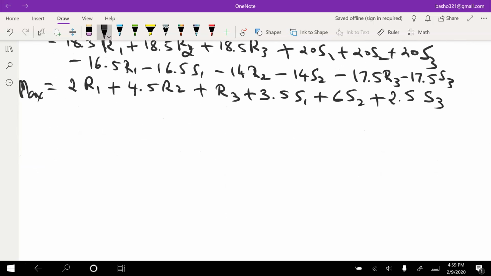The constraints would be, we want to look at the availability. So R1 plus S1, the available fuel for input 1, is 110,000 barrels.